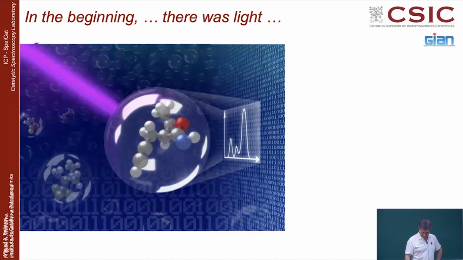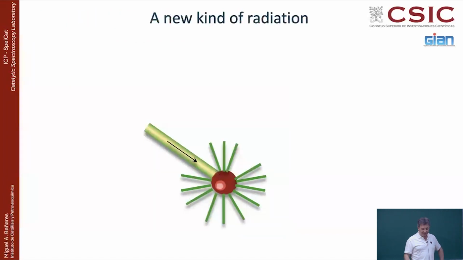Good. And basically, the idea is very simple. What happens when a photon hits a molecule or a particle or something? It hits the particle and bounces out. Typically, and in most of the cases, it is bouncing out with exactly the same energy, frequency, wavelength, however you call it, than it had when impacting.